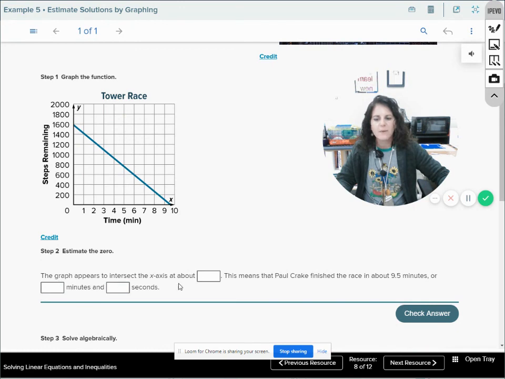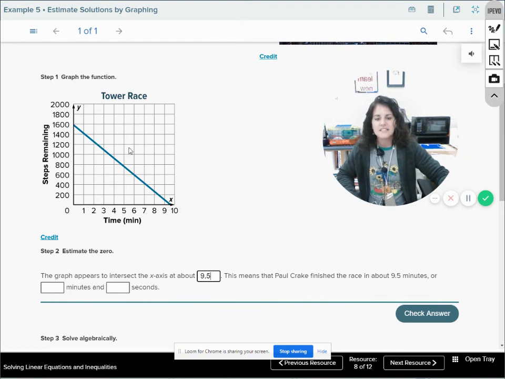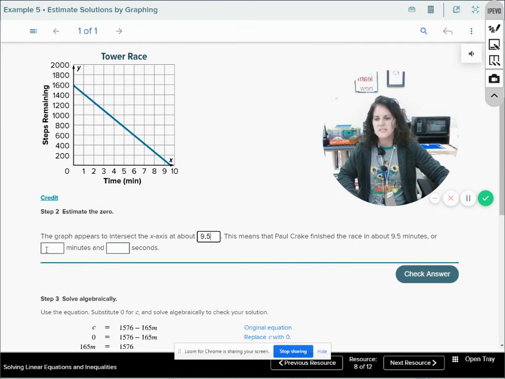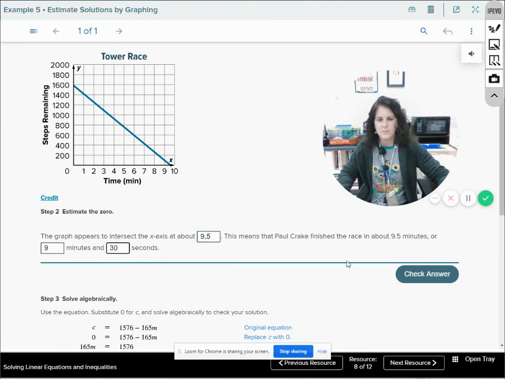So the graph appears to intersect the x-axis at about 9.5. What that means is that Paul Craig finished the race in about 9.5 minutes. Or we can say he finished in so many minutes and so many seconds. So how much would that be? 9 minutes and 30 seconds would be 9.5 minutes.